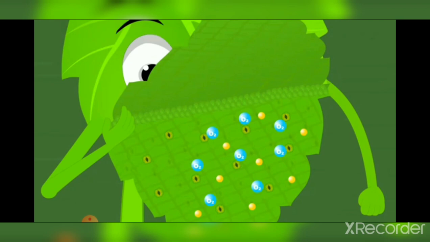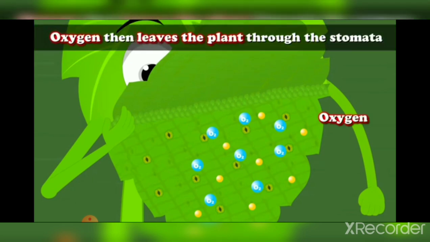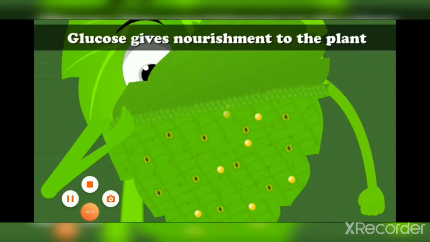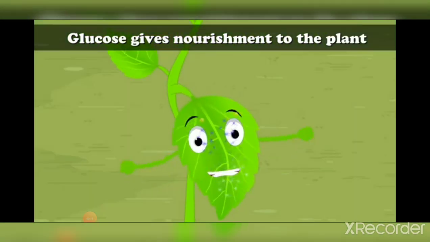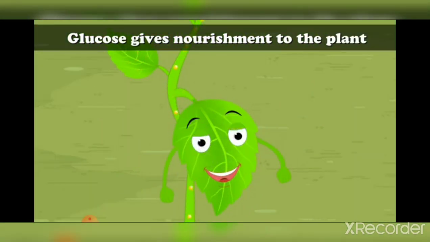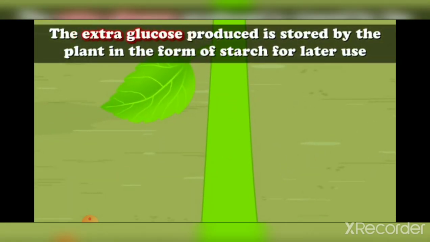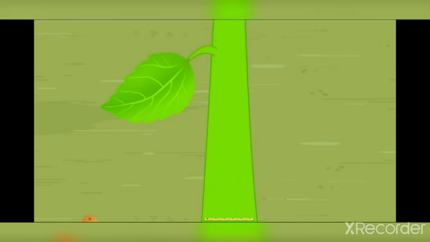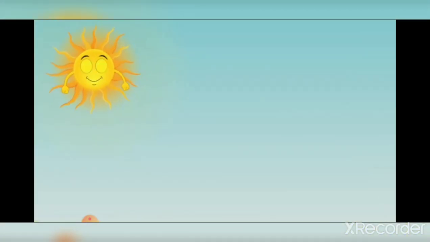So the plant takes carbon dioxide in breathing and gives oxygen to us for breathing. You can see here how oxygen came out. Glucose gives nourishment to the plant. The extra glucose produced is stored by the plant in the form of starch for later use, like we store food at our house for the next day or next week.